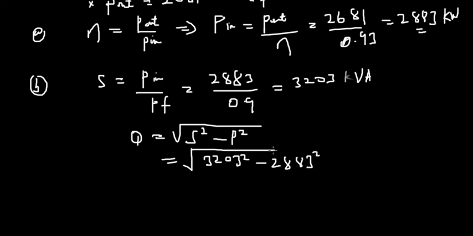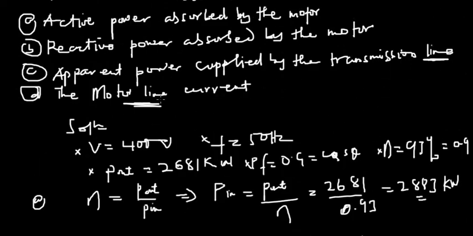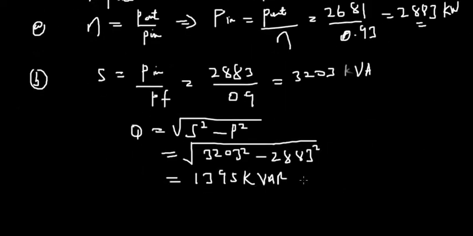When you punch this on your calculator, you end up with 1395 kilo VAR. That's reactive power. So now let's look at C.